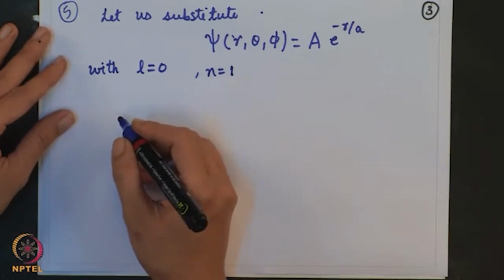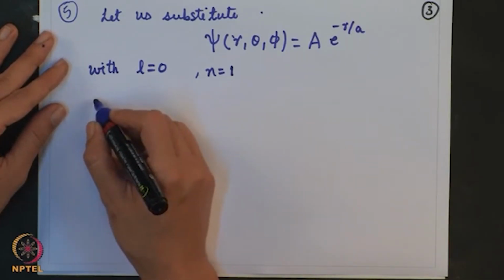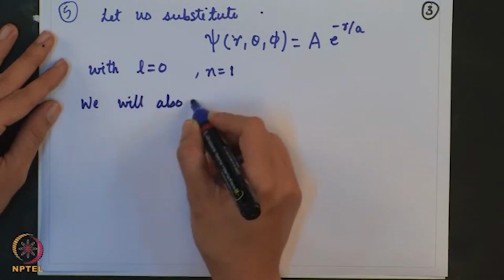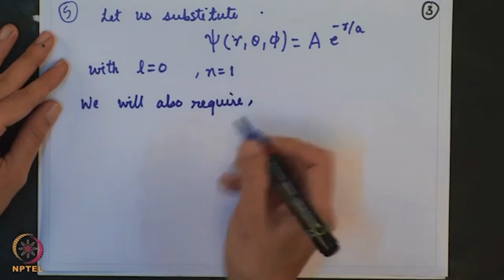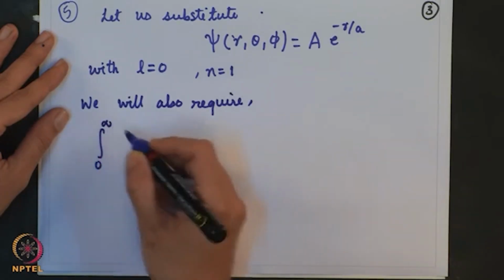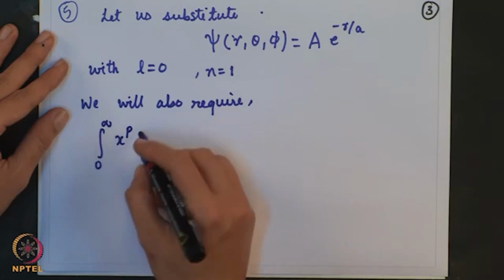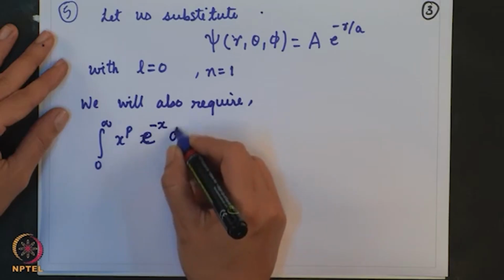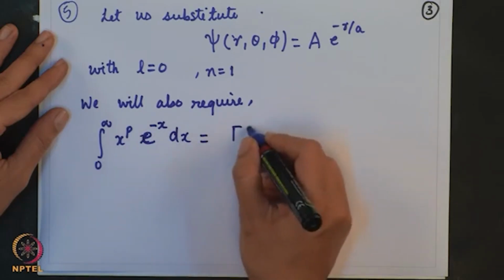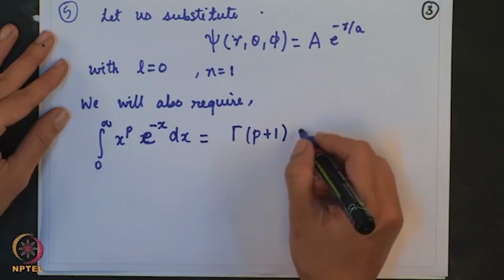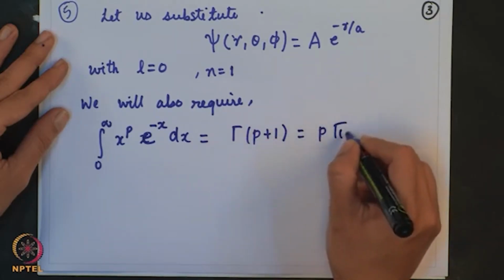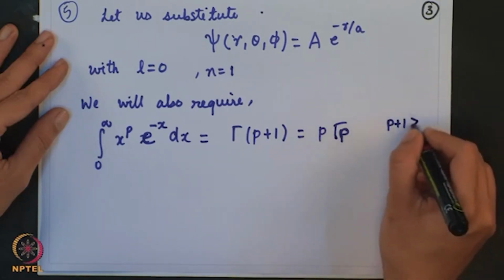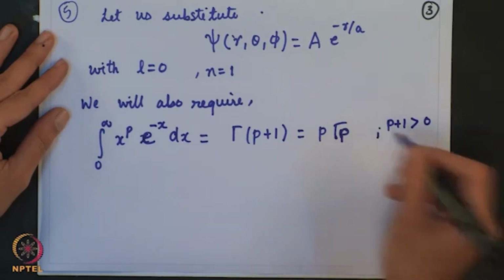Okay. And now we will also require this gamma function integral, which is nothing but gamma of p, where p plus 1 is greater than 0.